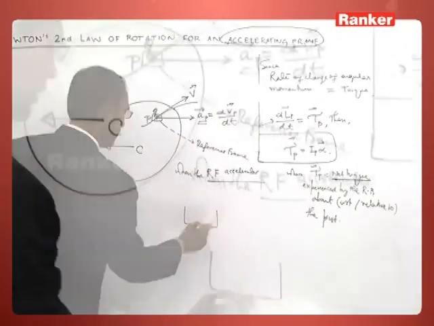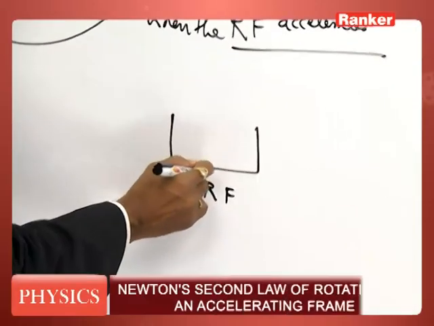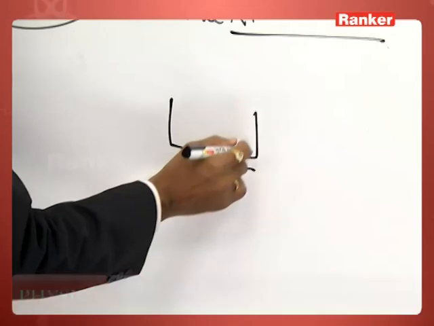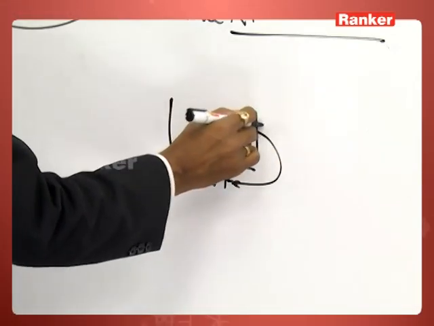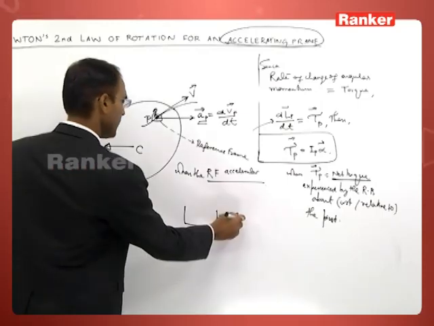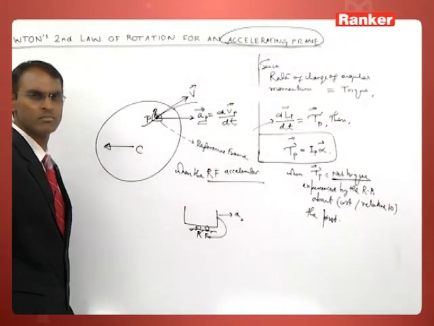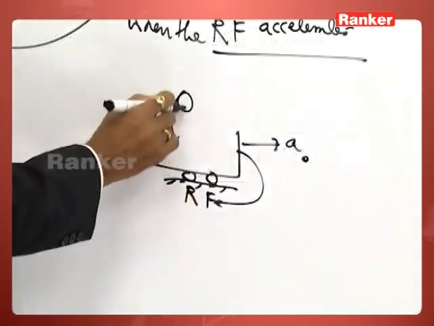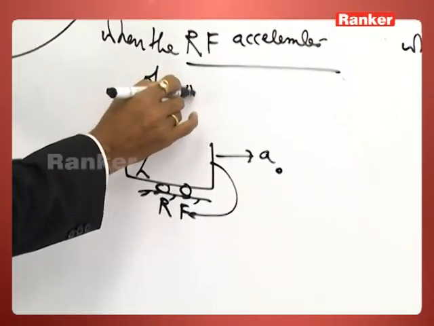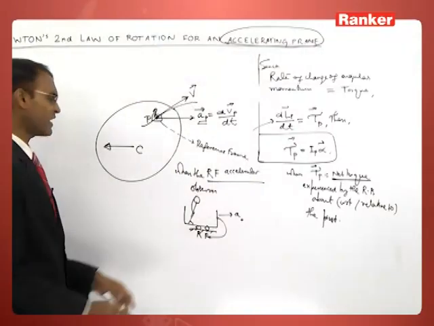When a reference frame moves with an acceleration, suppose a0, you, the observer, are always fixed to the reference frame.